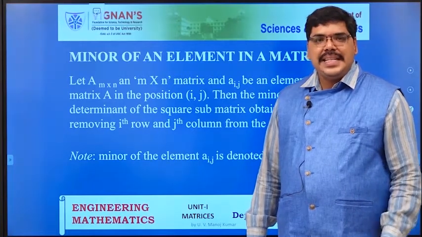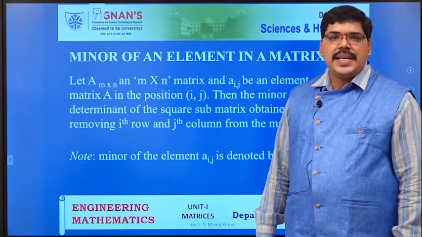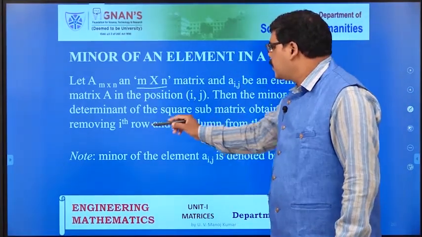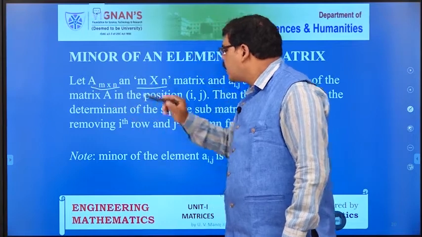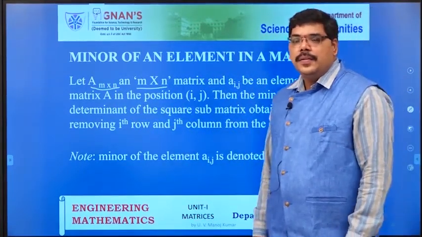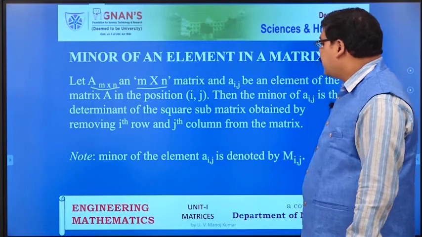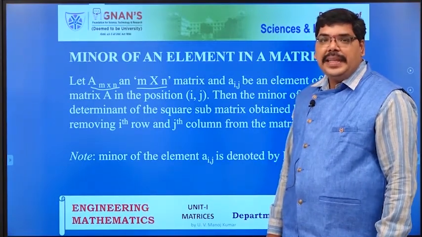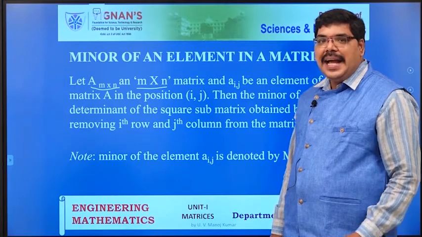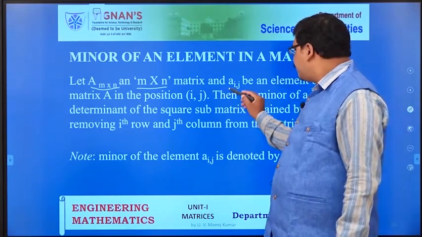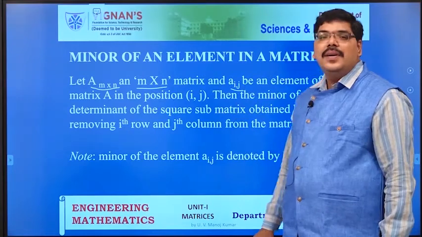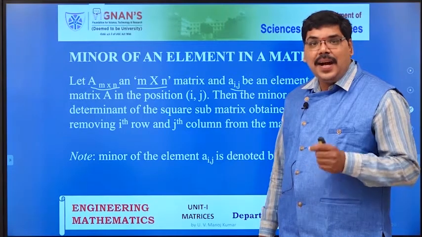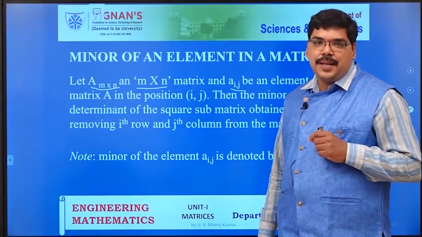Suppose there is a matrix capital A of size m by n. Let Aij denote an element in the matrix. Aij stands for the element in the ith row and jth column.